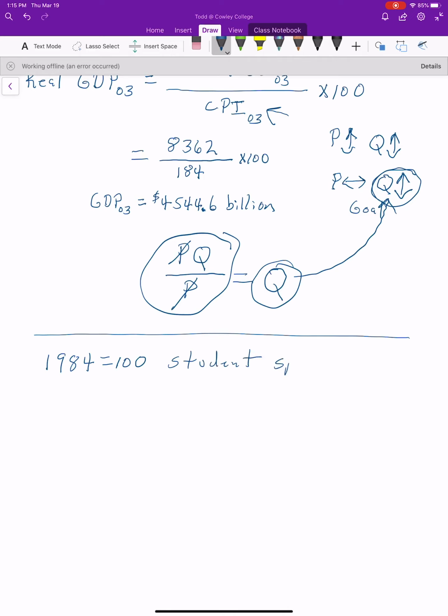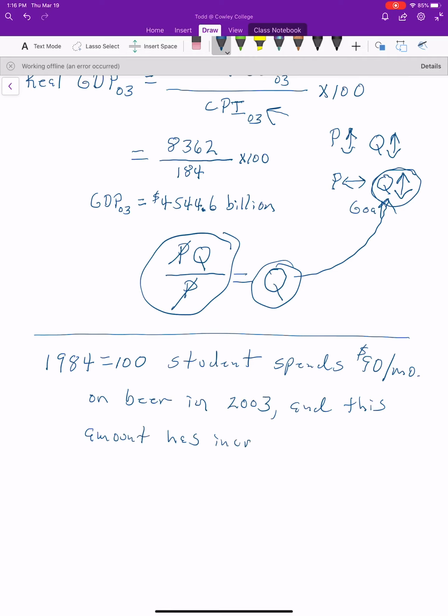Let's say that student spends $90 a month on beer in 2003, and this amount has increased, hopefully not because of this class, to $110 per month in 2011.